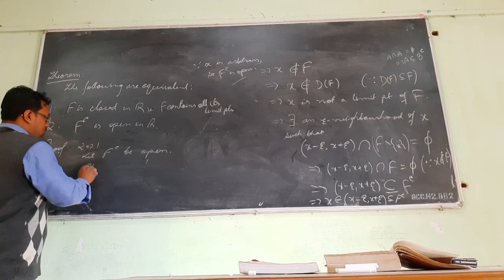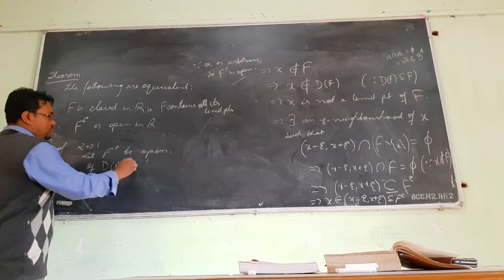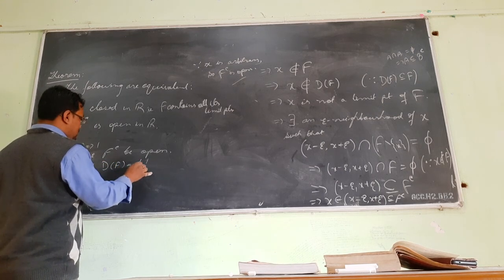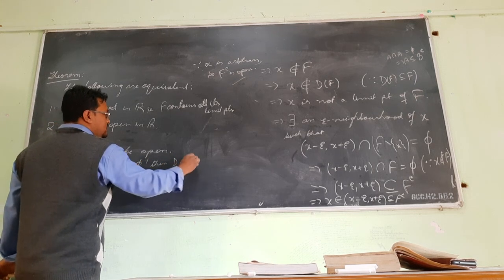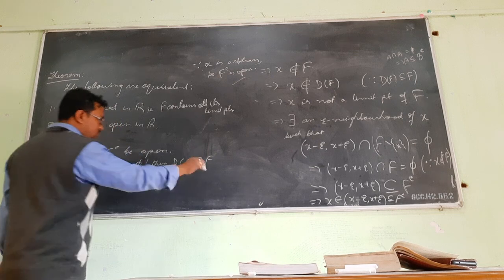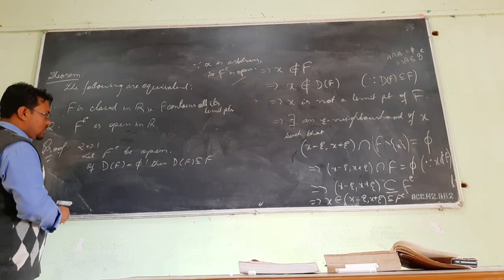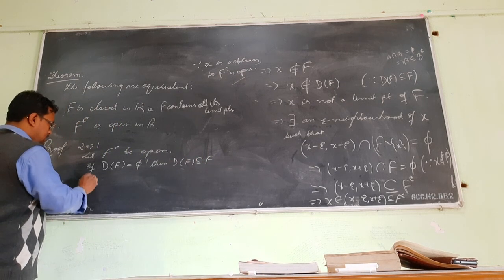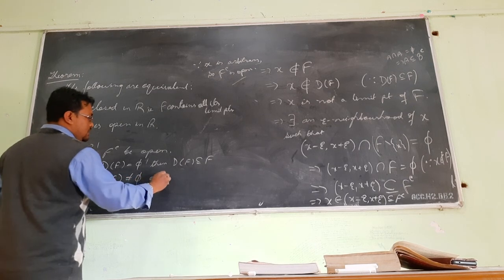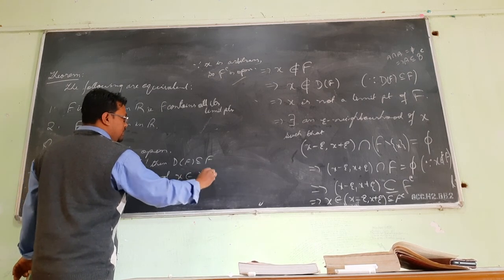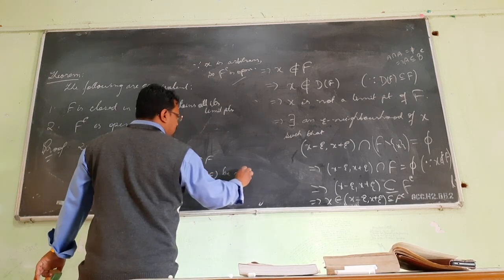So it may happen that the derived set of F is phi. So if the derived set of F is phi, then the derived set of F is obviously a subset of F. So let the derived set of F be non-empty and let X belong to the derived set of F be any point.